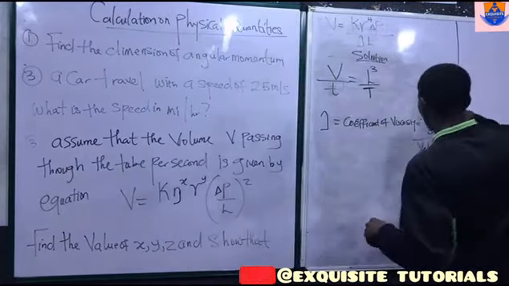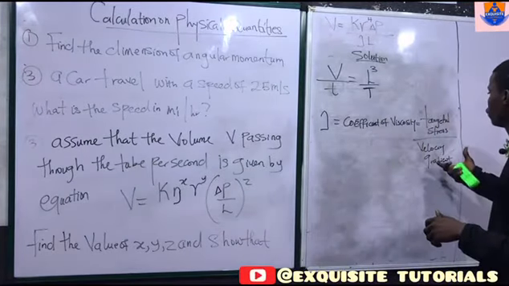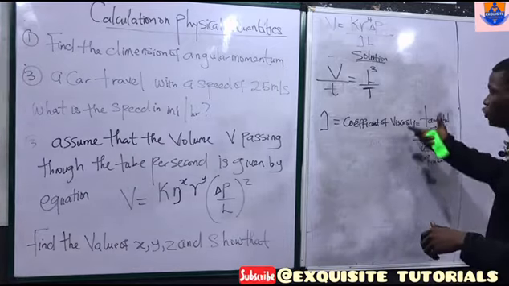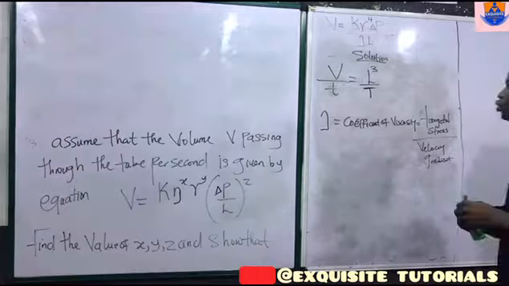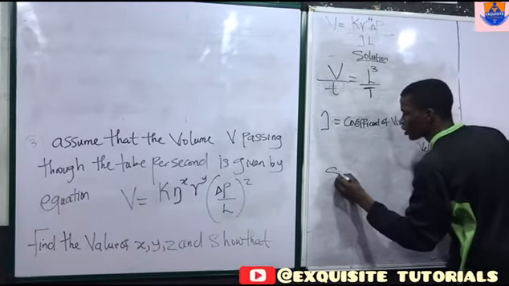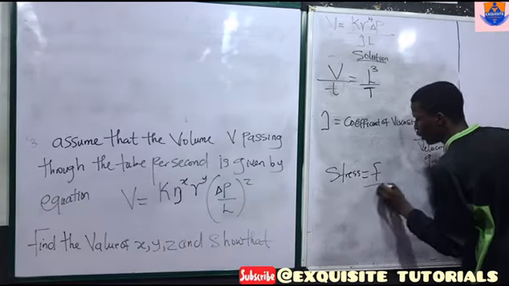So let's first of all get the dimension for this part. The coefficient of viscosity is tangential stress over velocity gradient. First of all, our stress is equal to force over area.